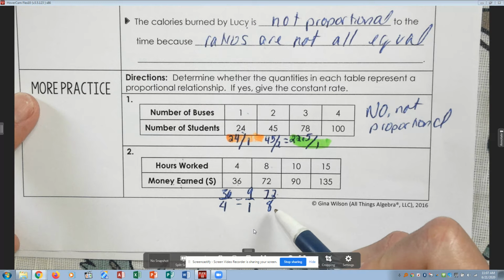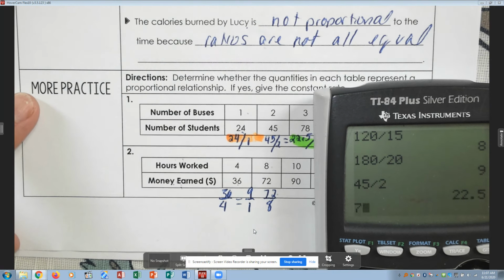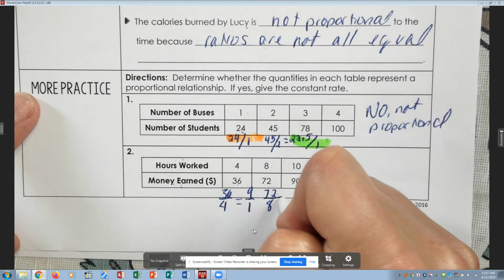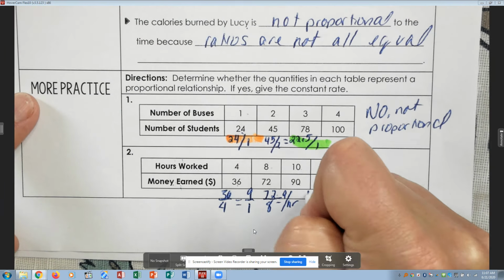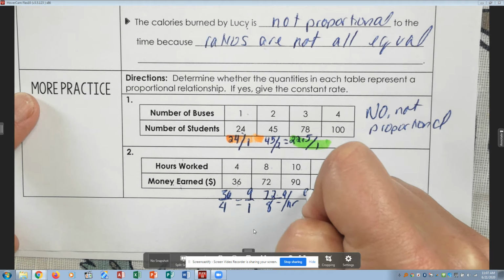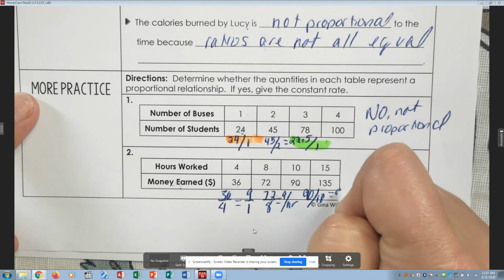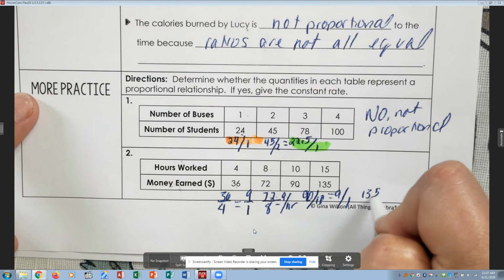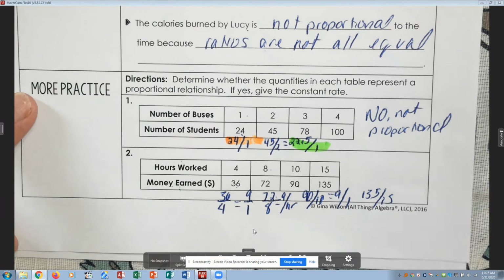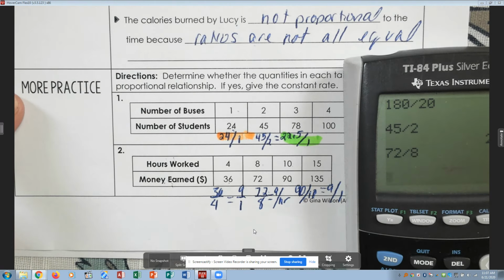Well, I know 72 divided by 8, let me show you, is also $9 per hour. $90 for 10 hours, that's an easy one. 90 divided by 10 is $9 per hour. Let's make sure that $135 in 15 hours is also equal to 9.